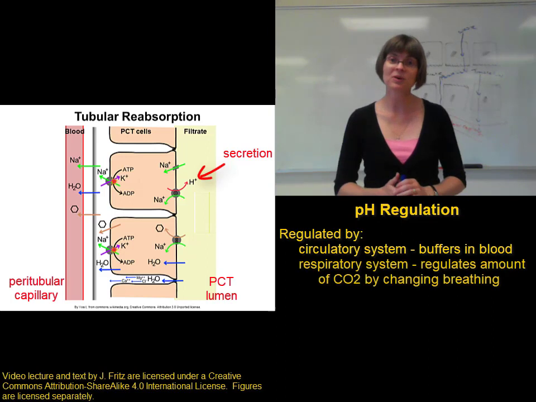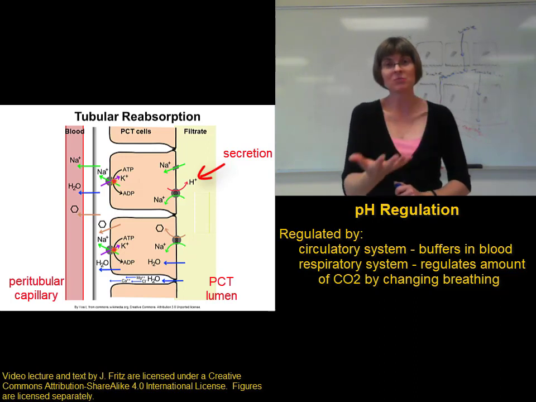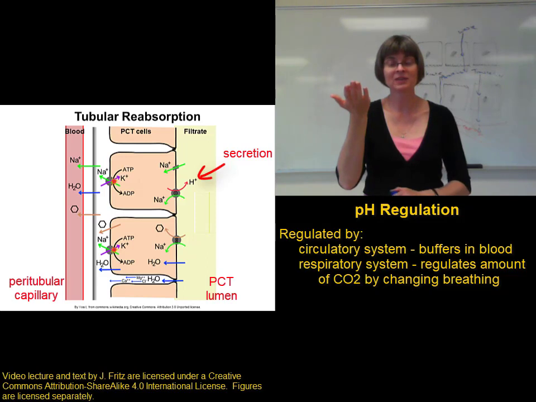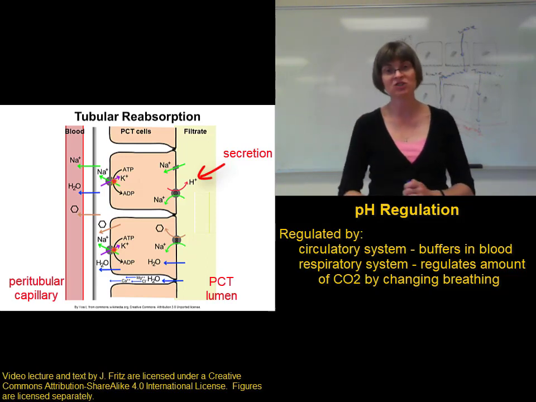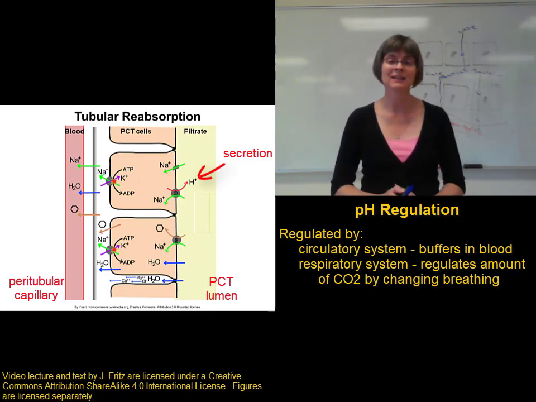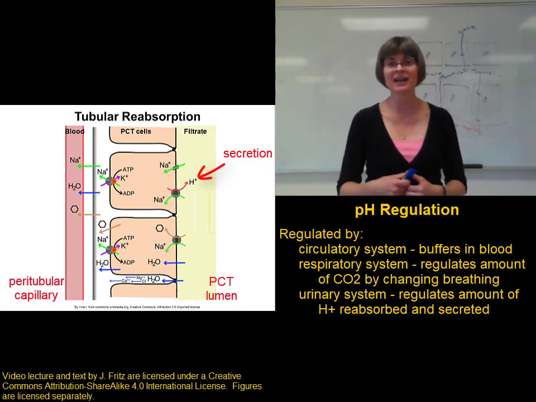Second, we have the respiratory system, which we saw can regulate the pH based on how quickly you breathe. If you breathe faster and breathe out more carbon dioxide, then your pH goes up as the carbon dioxide goes down. If you hold your breath and retain more carbon dioxide in your blood, that brings your pH down. The final system that's important for regulating the blood pH is the urinary system. The urinary system can regulate the amount of hydrogen ion by controlling how much hydrogen ion is secreted into the renal tubule.